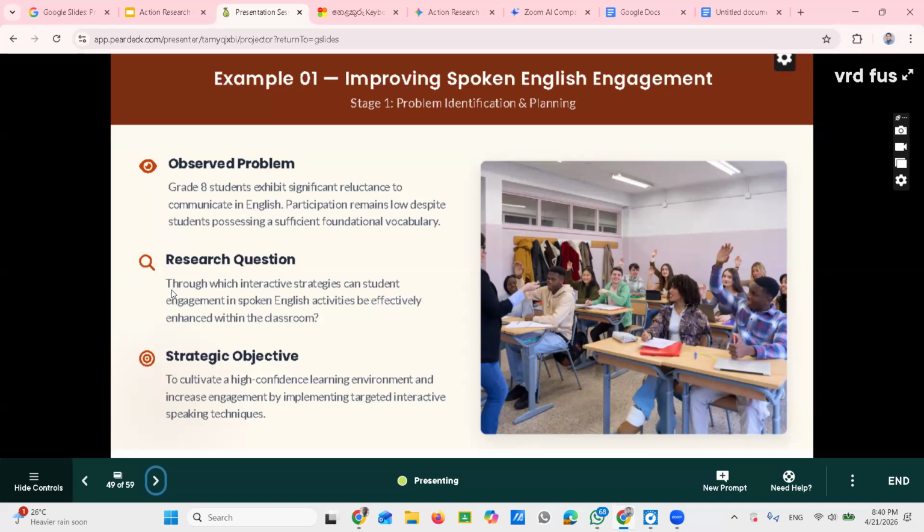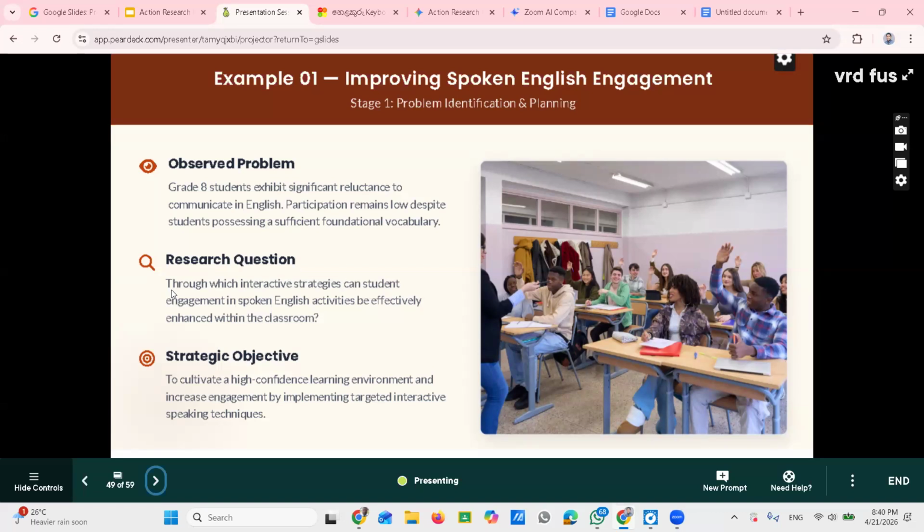You could say, through a group method, using the group method, the teacher wants to improve the students' engagement and speaking skills. In this research question, you have the question as well as the method you expect to use to solve the problem.